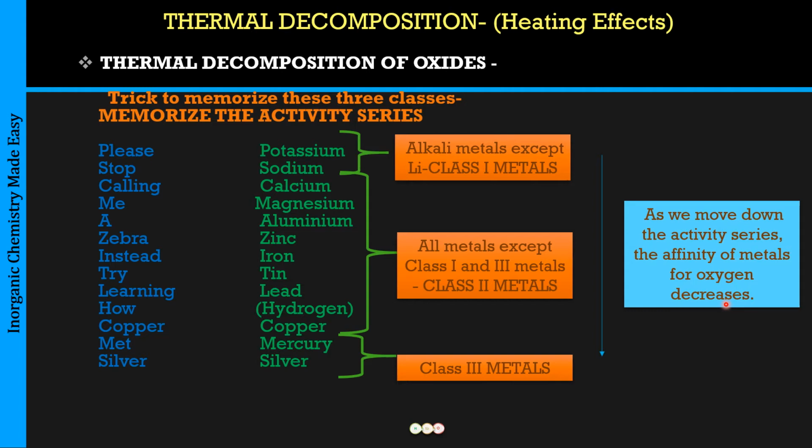If you remember this, you can learn the thermal decomposition of oxides very easily. And if you watch my previous lectures on carbonates, bicarbonates, hydroxides, sulfates, and nitrates, then if I give you the results of the thermal decomposition of oxides of these three classes, you actually know the results earlier also. So let me make you understand how.